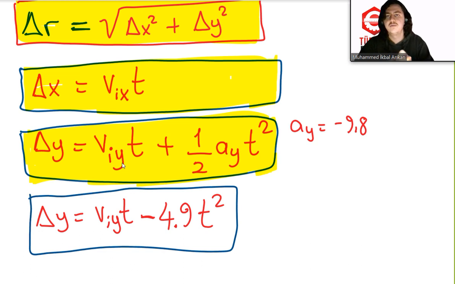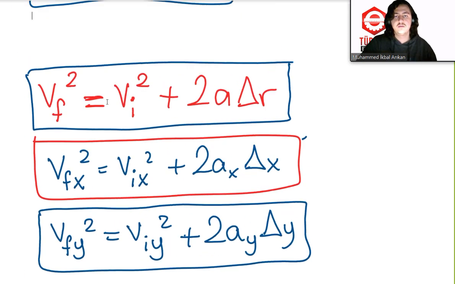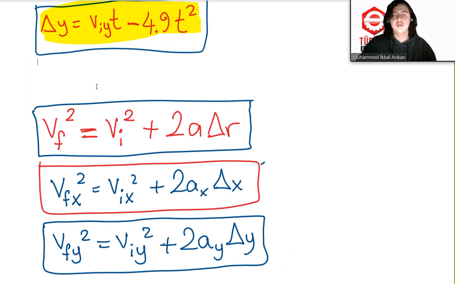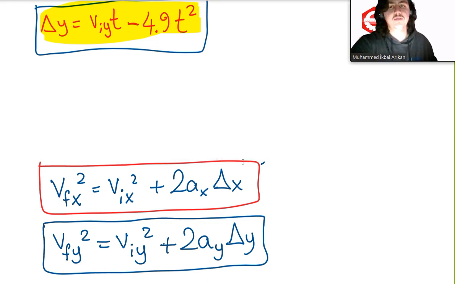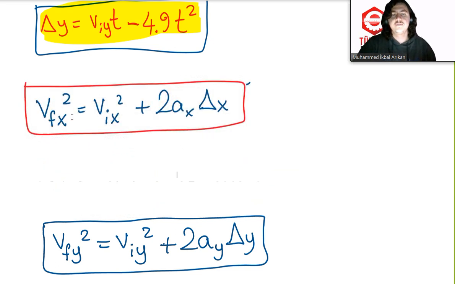Okay, so I will put this one. Just slide down here. The final velocities for the resultant one, this one I will not use, but for x and y I will use. In this case, the final velocity in x will be equal to just initial velocity in x. So these are equal to each other, right?